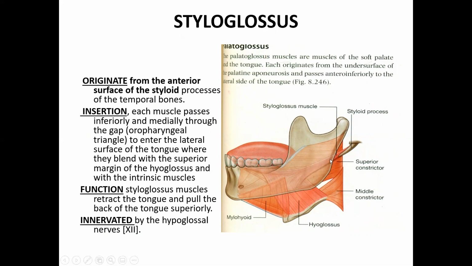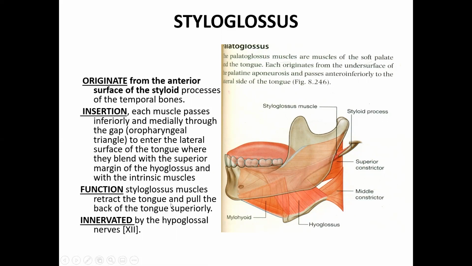These muscle fibers go downward, you can see here, through the oropharyngeal triangle into the oral cavity, and they blend with the superior margins of the hyoglossus muscle and with the intrinsic muscles. So they take origin from the styloid process, go downward and medially, and merge with the hyoglossus muscle and the intrinsic muscles.